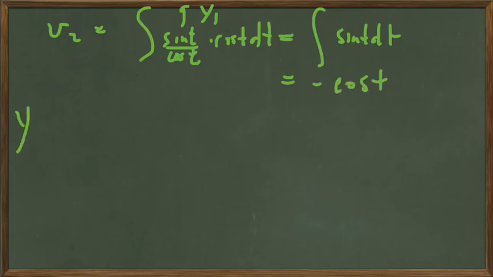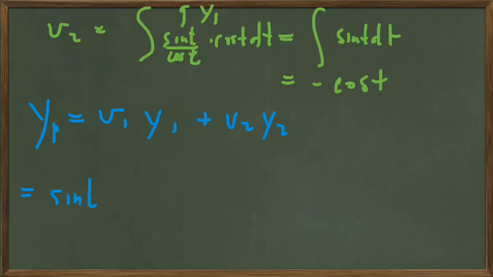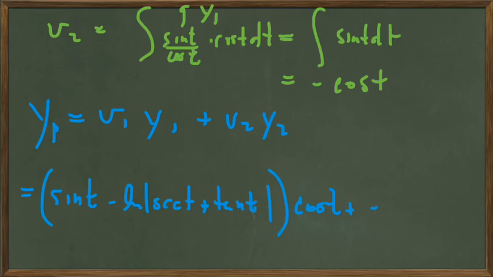So yp is now, we're able to put together yp as v1 y1 plus v2 y2. V1 was sine of t minus ln of secant t plus tangent t, and that is all multiplied by y1, which is cosine t, and v2 we just calculated was minus cosine t, multiplied by y2, which is sine t.